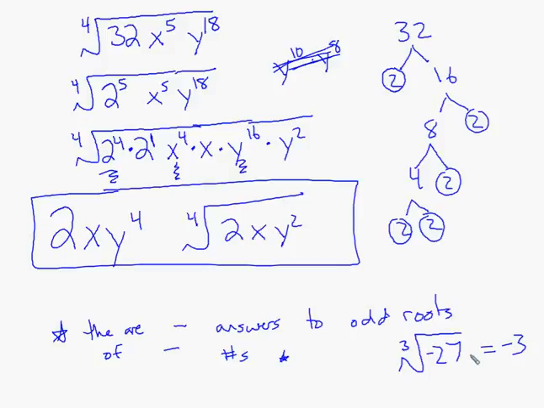Okay, I just do it like I normally would with positives, but it's negative in the end. But that should have been: there aren't negative answers to even roots of negative numbers. That would be imaginary, right? Now, if you want to switch to imaginaries and do it, that's certainly fine. You can do that.